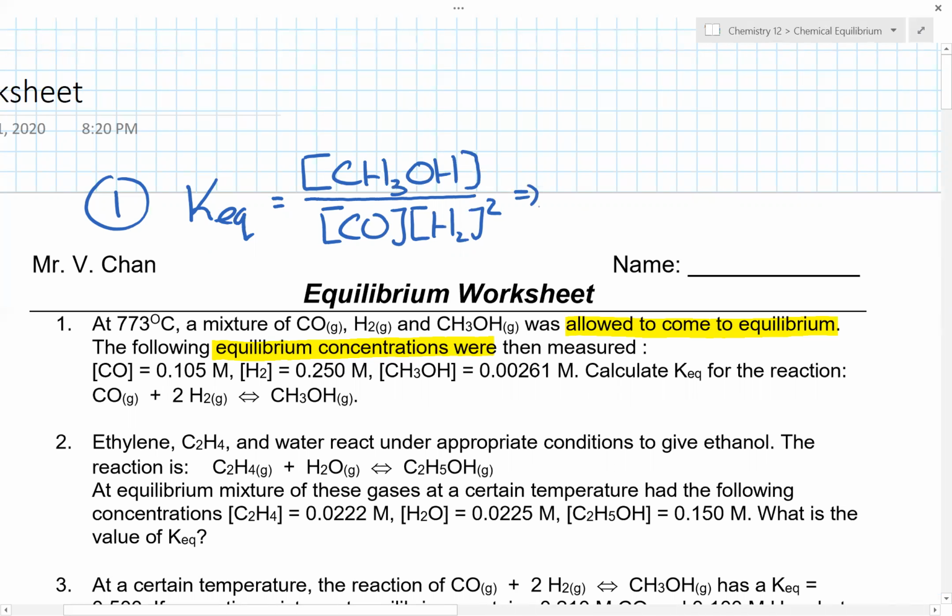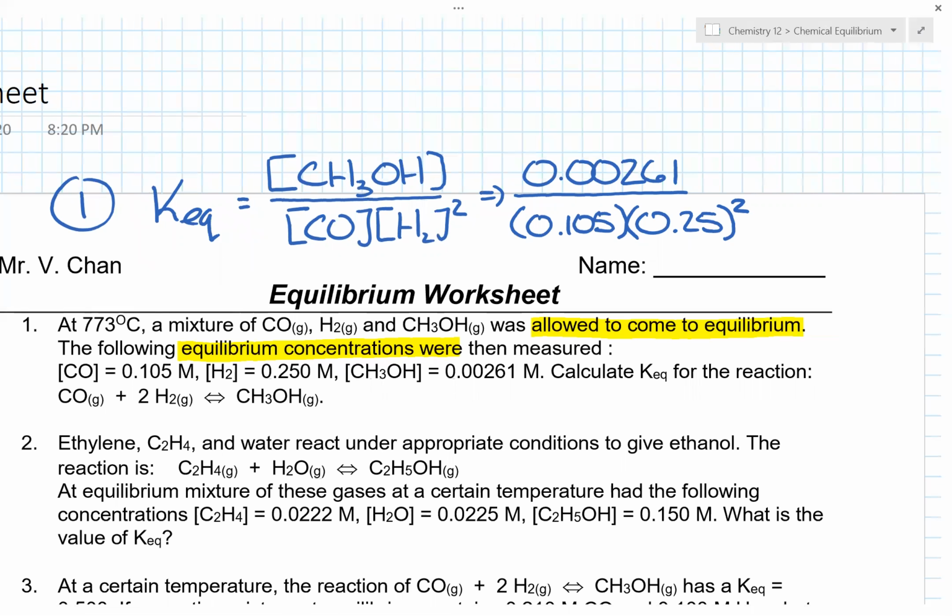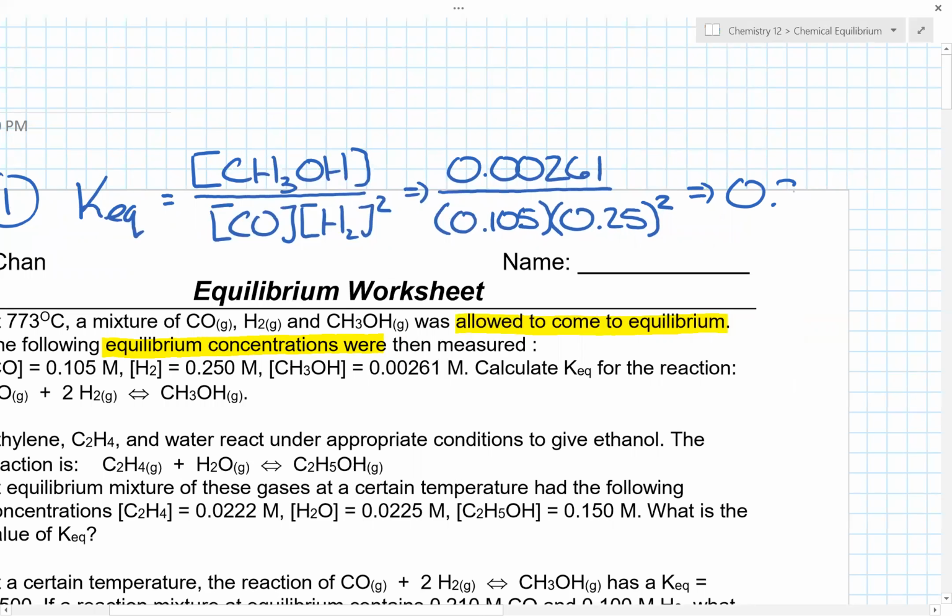And so what you get here is 0.00261 over CO, which is 0.105, times 0.25 all squared. And then you punch it into your calculator. If I do that, I get an answer of 0.398.